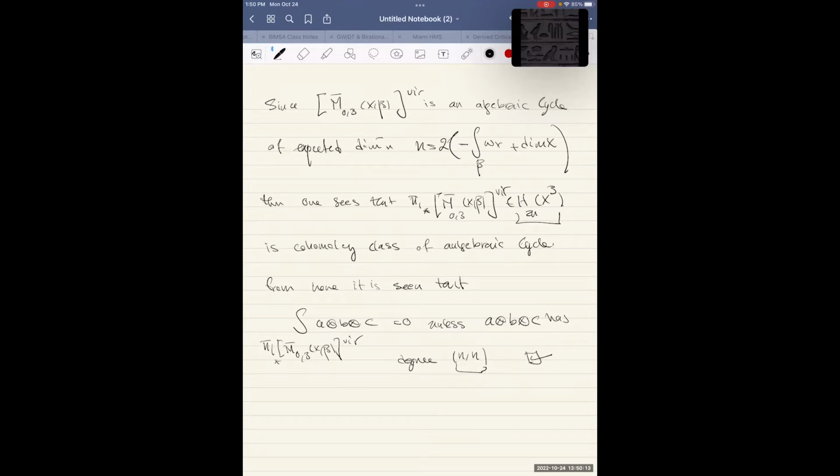Donaldson-Thomas invariant is only defined for Calabi-Yau, really. Then I think let's discuss Calabi-Yau.